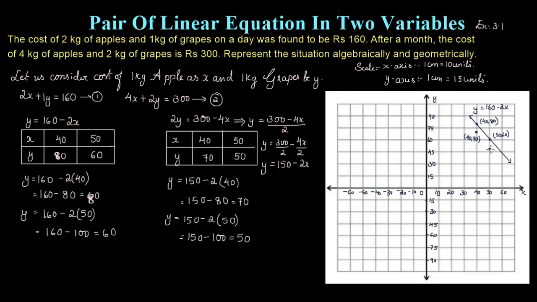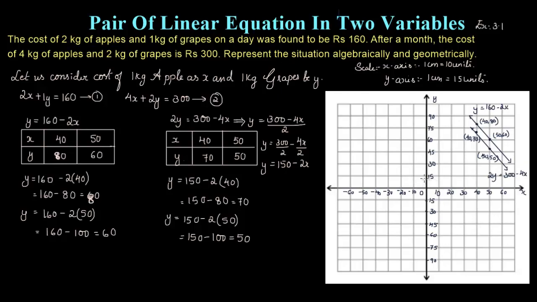So somewhere here. So write down the points for 50. It is 50. Now let us join this point as well. So let me write this one, the equation 2y equals 300 minus 4x.